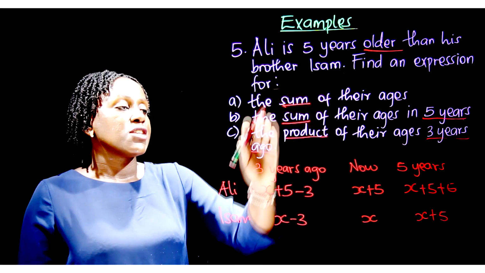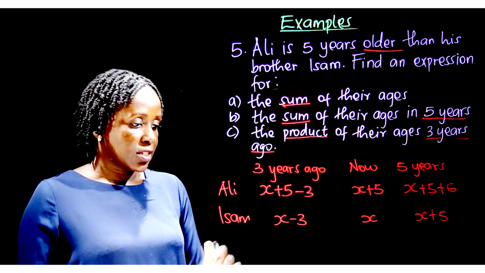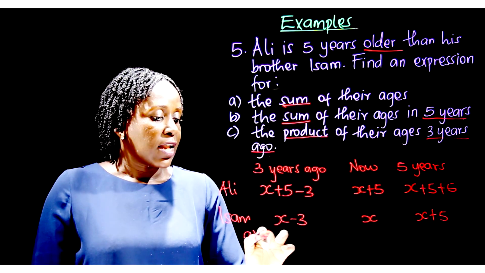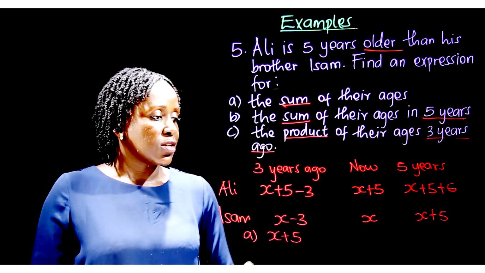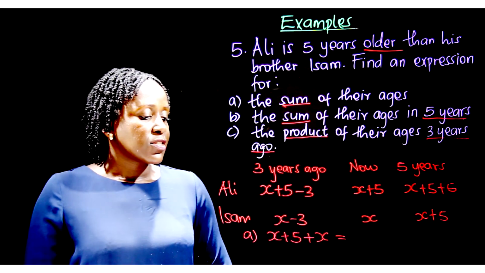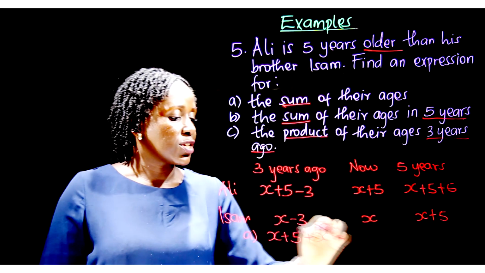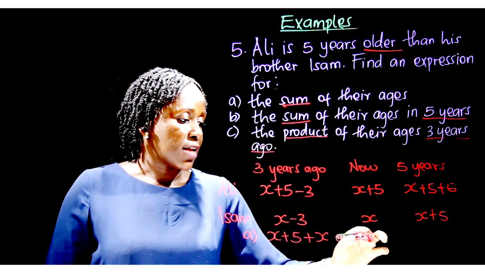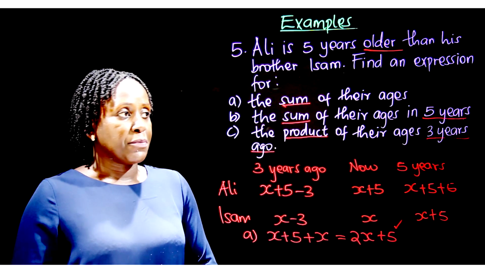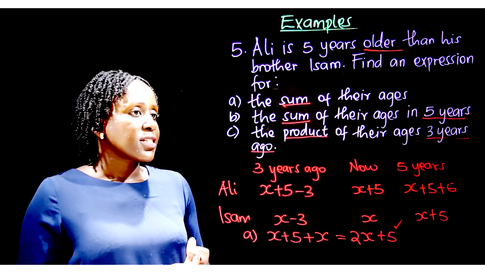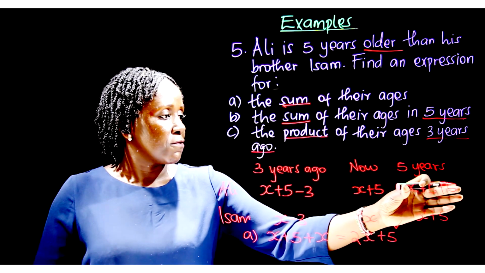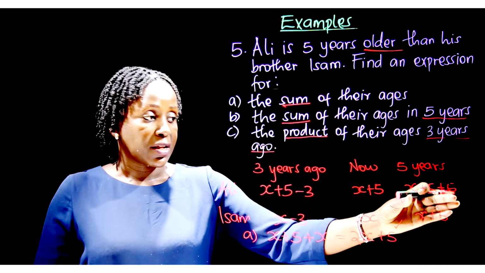The first one is for the sum of their current ages. So for part A, the sum will be, right now, Ali is x plus 5 years old, and Isam is x years old. Now, if you add this, we have x plus x, which is equal to 2x, and then plus 5. That is the answer to the first part. Now, the second part is asking for the sum of their ages in 5 years. So, in 5 years, these are their separate ages.